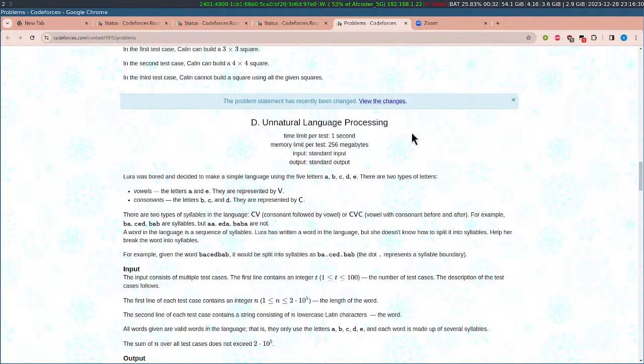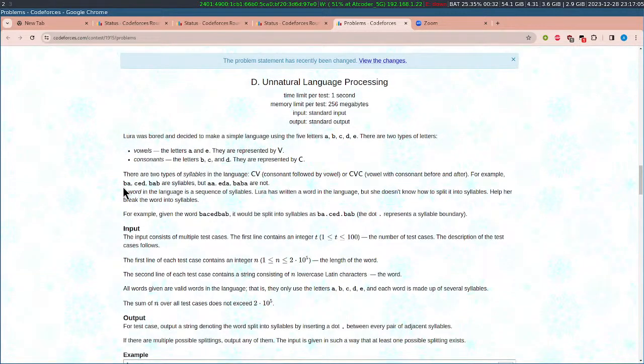Unnatural language processing. Okay, problem D says Laura was bored and decided to make a single language using five letters A, B, C, D, E. There are two types of letters: vowels, letters A and E, represented by V, and consonants B, C, D, represented by C. There are two types of syllables in the language: CV, a consonant followed by a vowel, or CVC, a vowel with a consonant before and after.